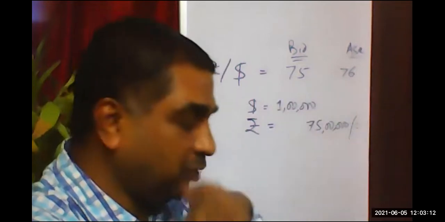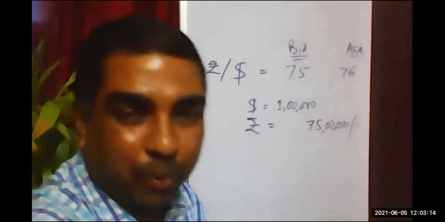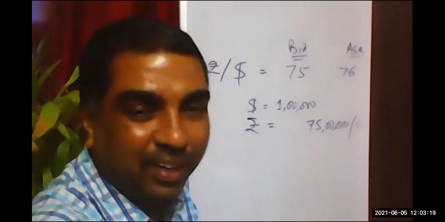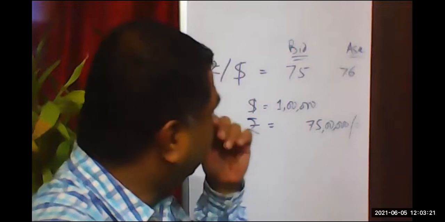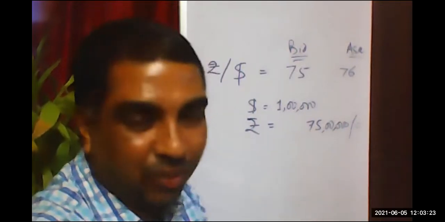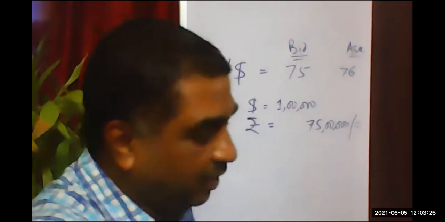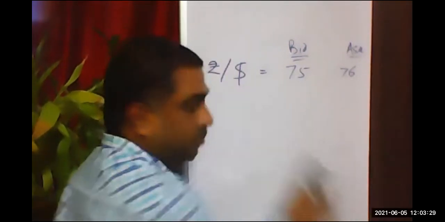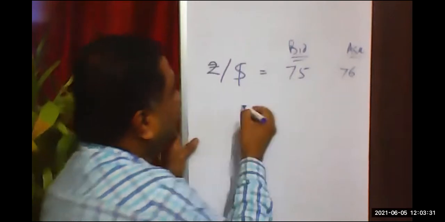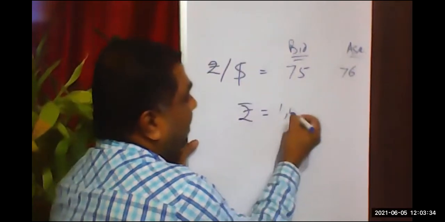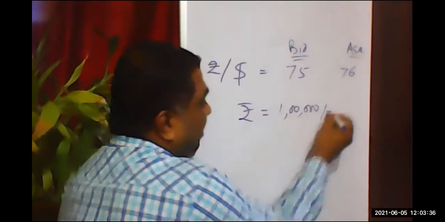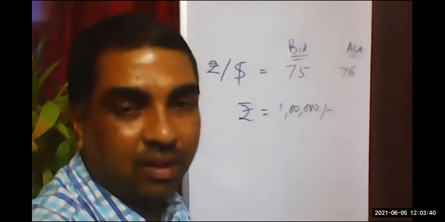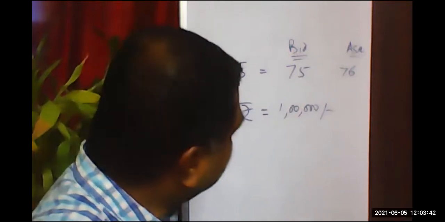But let us say the same situation, but you are planning to go abroad and you want to buy dollar. Let us change the situation. Let us say you have rupees 1 lakh, and you go to the bank asking that you want dollar. How much dollar will you be getting?